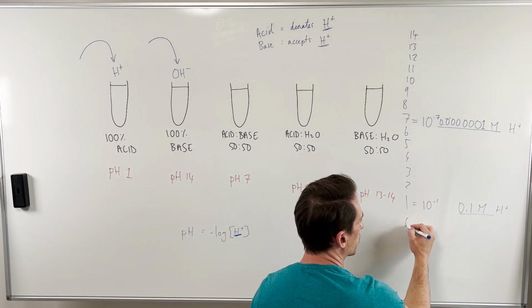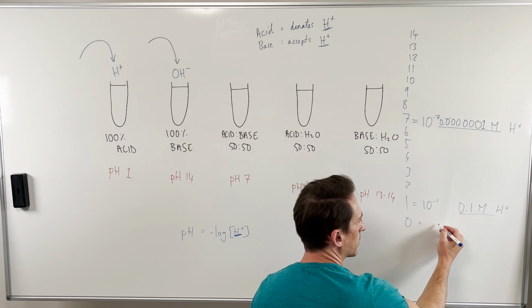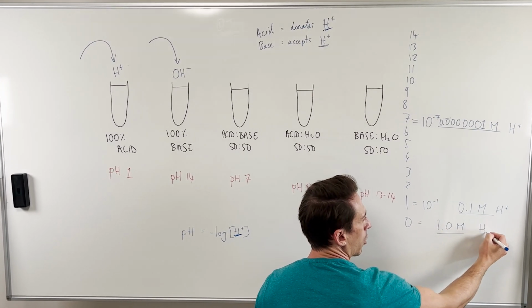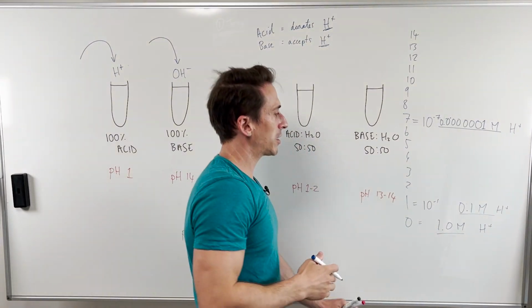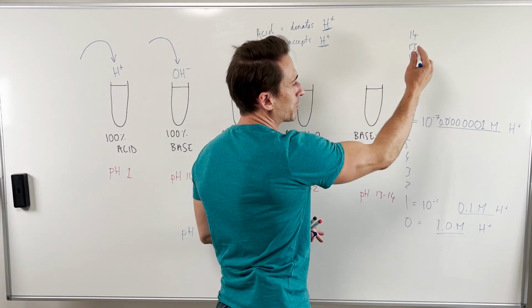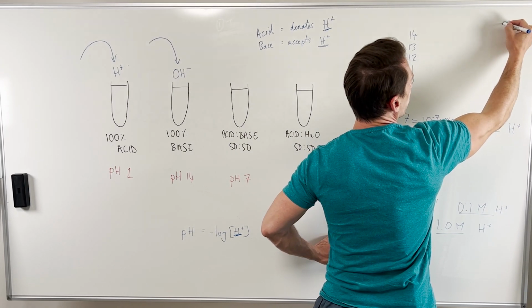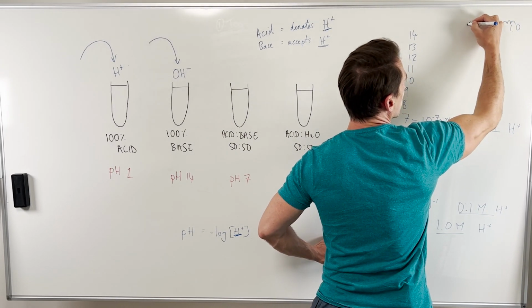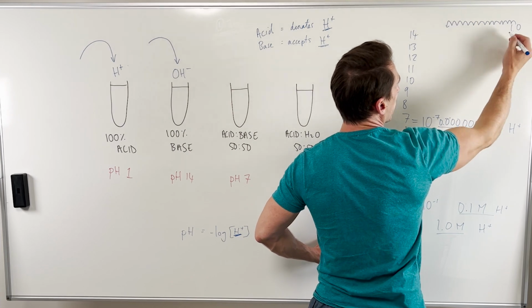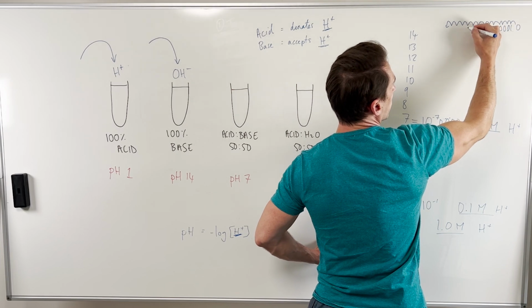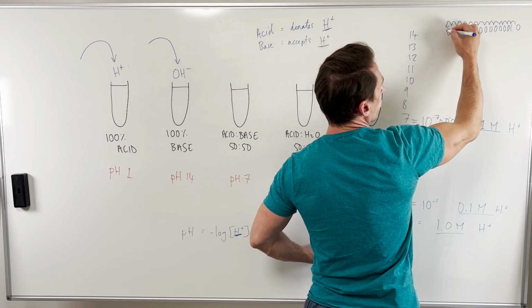You can actually have a pH of 0, and that simply means it's going to be 1 molar of hydrogen ions, okay? So this is what we're referring to. So if you go to a pH of 14, simply 1.0 and go back 1, 2, 3, 4, 5, 6, 7, 8, 9, 10, 11, 12, 13, 14 decimal places. So it is a really, really tiny number.